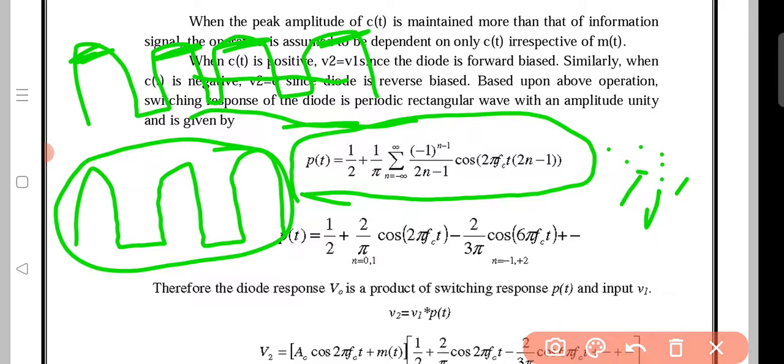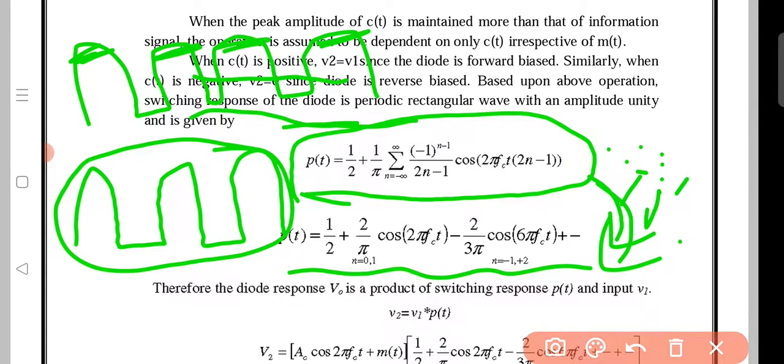It expands like this, and these terms go on infinitely, but we take only some lower order terms, n equals 0, 1.